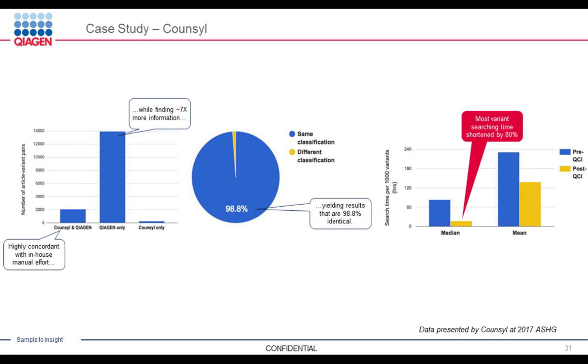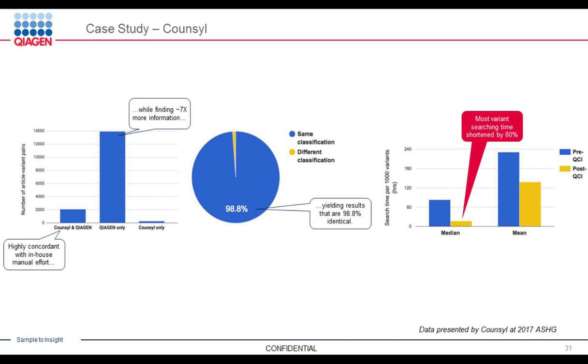And so what they found was, comparing their manual effort with the QIAGEN methods, that there was a lot of effort in terms of number of articles for the variants that they came across. There was a lot of overlap between what QIAGEN and Council's manual effort found, but QIAGEN found many more articles that their team was missing out on, and then only a few where QIAGEN was missing out on.